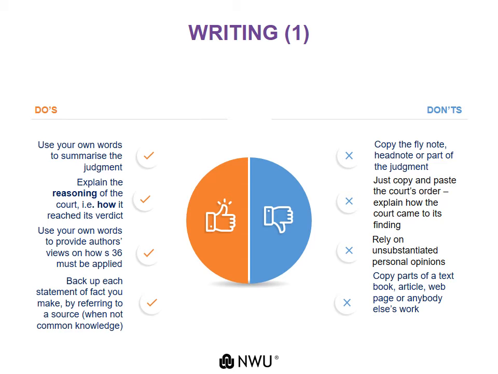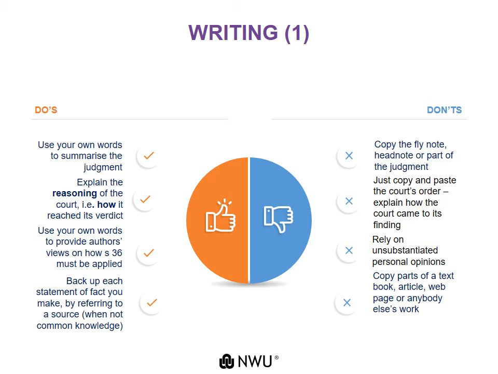So if you say in case X this and this and this was found, you need to insert a footnote and you need to give the complete reference of case X and in which paragraph was that said. Or if you state that this is the view of author Smith, you need to have a reference, a footnote with a source, either a book or an article where Smith actually said what you are now alleging he or she said.